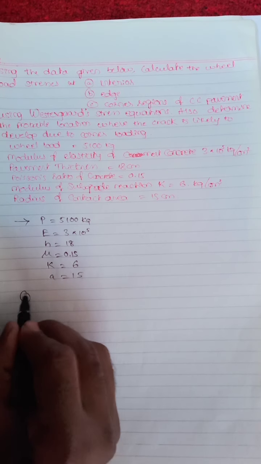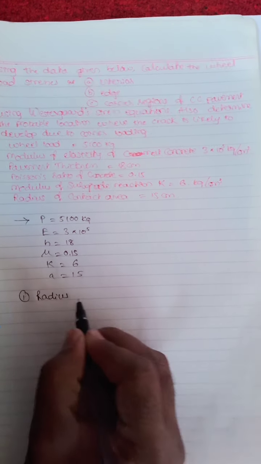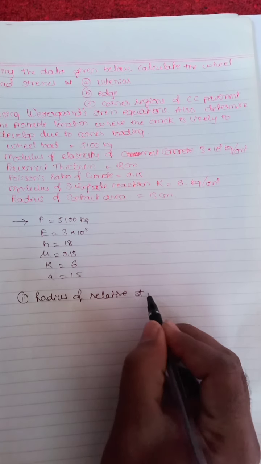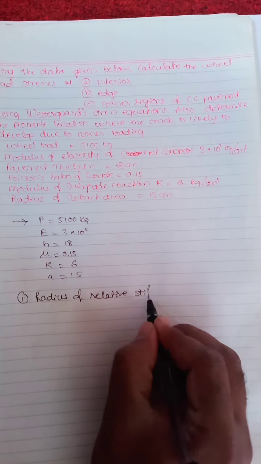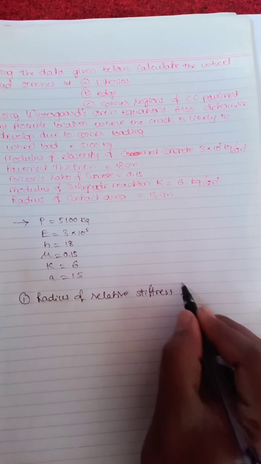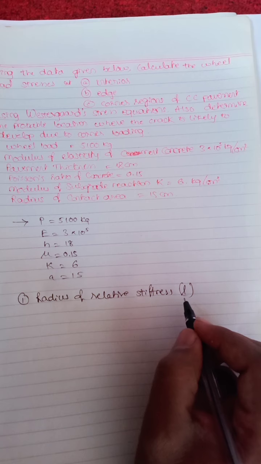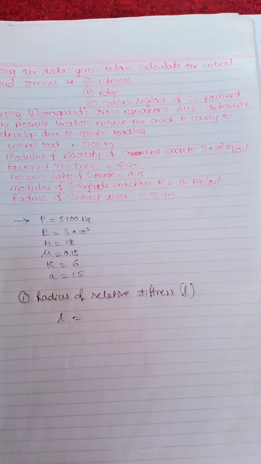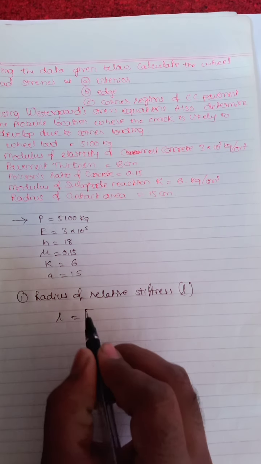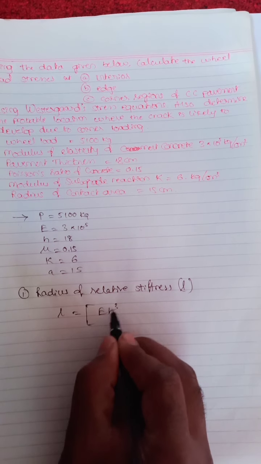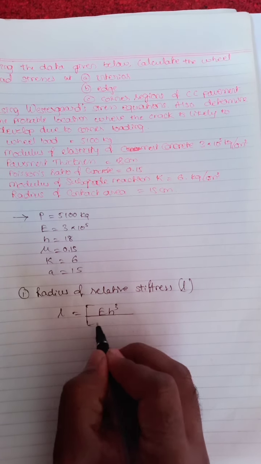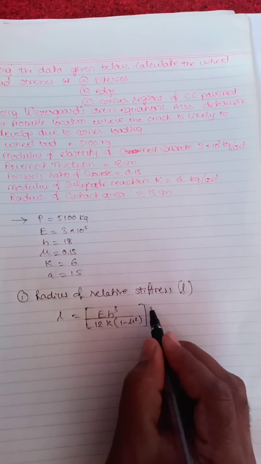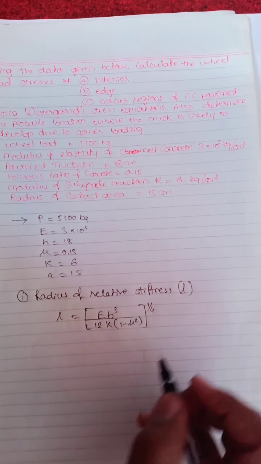So first we'll calculate radius of relative stiffness, small l, right? Radius of relative stiffness L is equal to E h cube divided by 12 K into 1 minus mu square, whole raised to 1 by 4. Let's put the values.